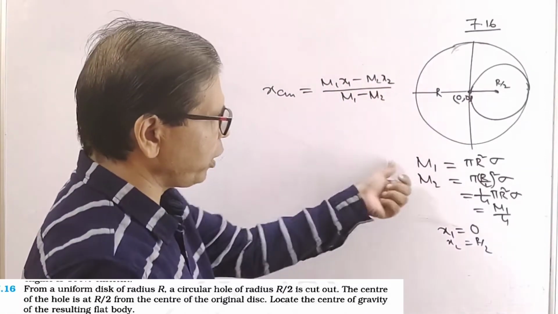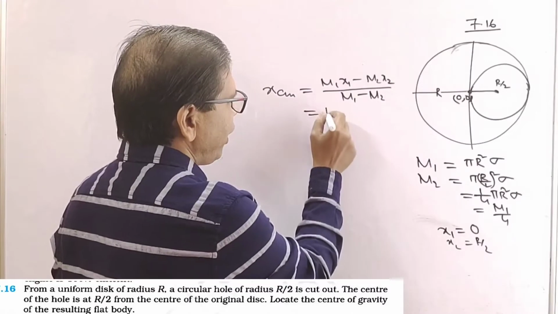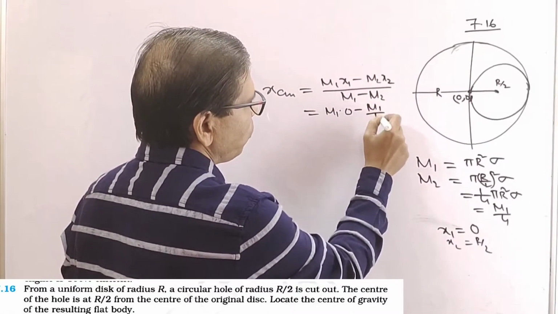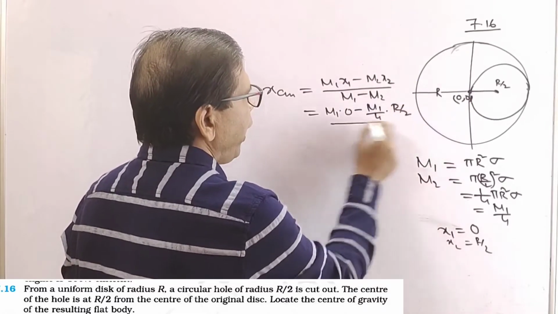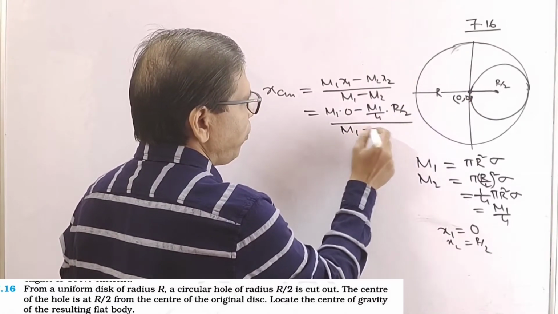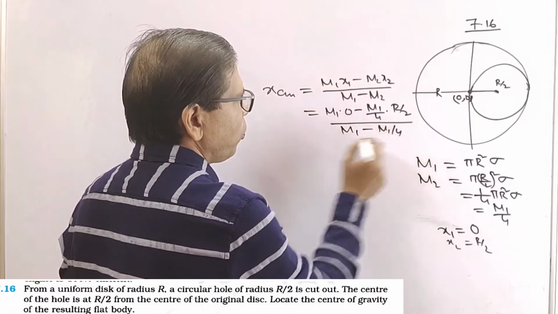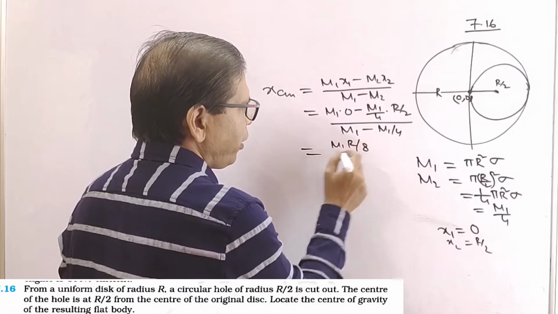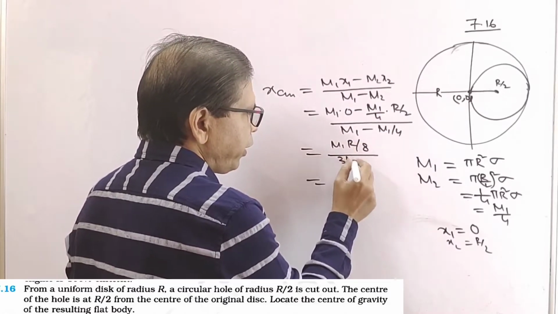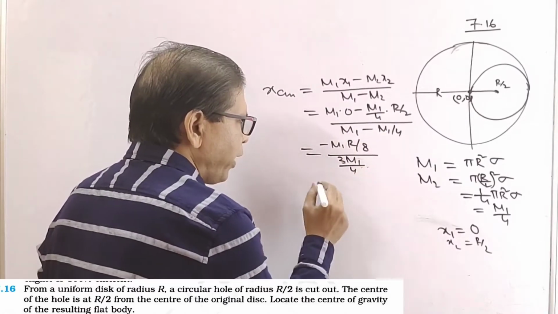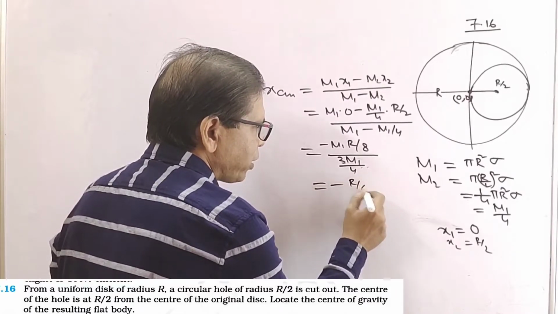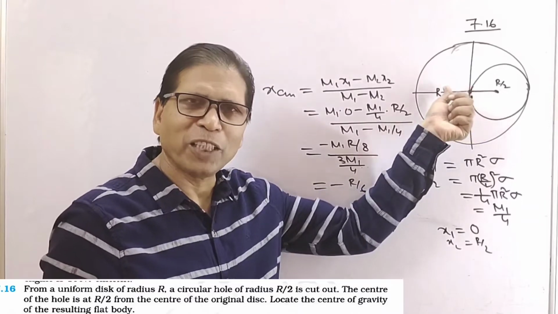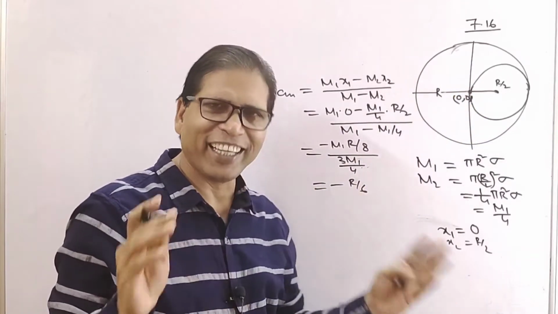Putting these values: m1 into 0 minus m1 by 4 into R by 2, divided by m1 minus m1 by 4. So this is m1 R by 8 divided by 3 m1 by 4. From here, this is minus R by 6. So the center of gravity shifted from this position to this position because it is negative.